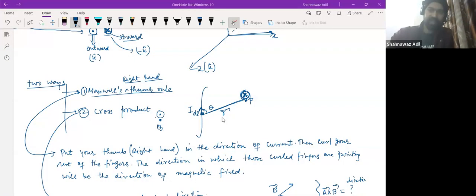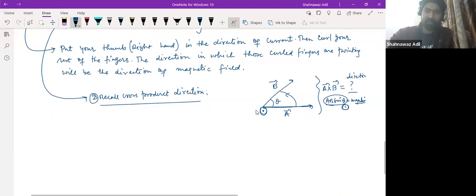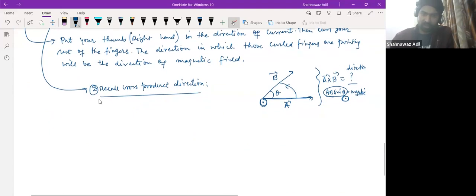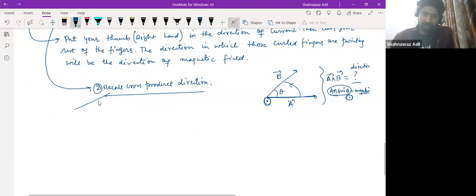Yes, sir. Is it clear? Okay, so again from this cross product method as well, we will get the direction of this magnetic field.